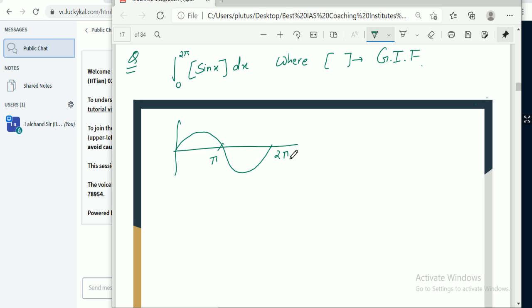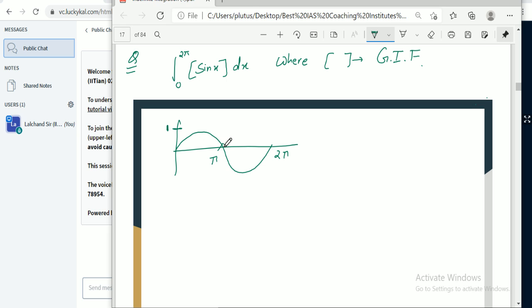Up to this point, pi by 2, the value is between 0 and 1, because this value is 1. So up to this point the function will give us 0. Again from pi by 2 to pi, this again gives us 0. So in the first interval, 0 to pi, the value will be 0.